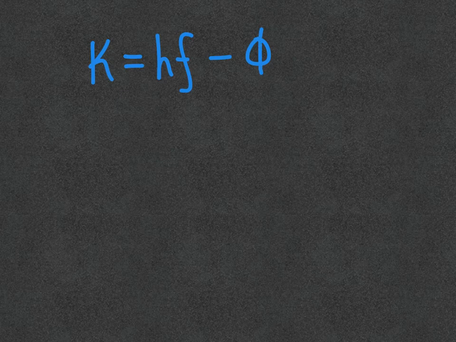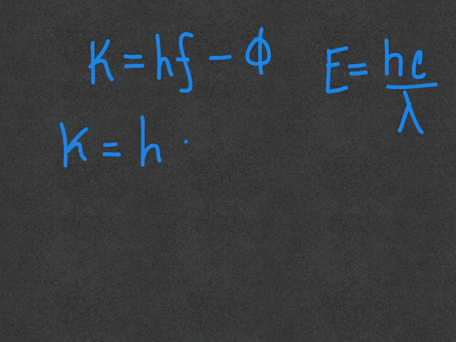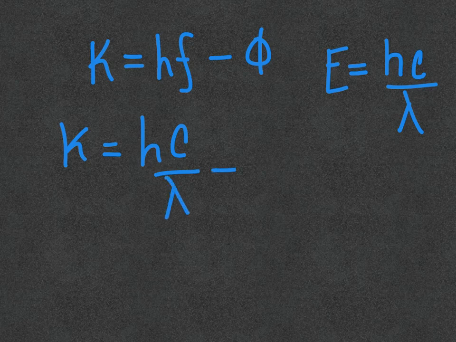Now another way we can structure this is that the energy can be equal to hf, but it can also be equal to hc over lambda, because f is equal to c over lambda. What that allows us to do is to look at hc over lambda minus phi. So we can look at this graph in terms of the wavelength rather than in terms of the frequency.